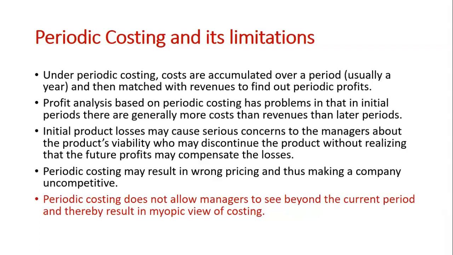There is a narrow view, because if the cost is high in the initial periods, it could be low in future periods. If the revenue is low in the initial periods, it could be high in future periods. By focusing on the current period, we are not considering future costs and future benefits, and that is a major limitation of periodic costing. It does not consider what comes ahead, future costs and future revenues.